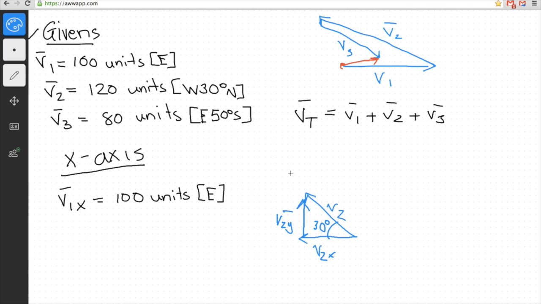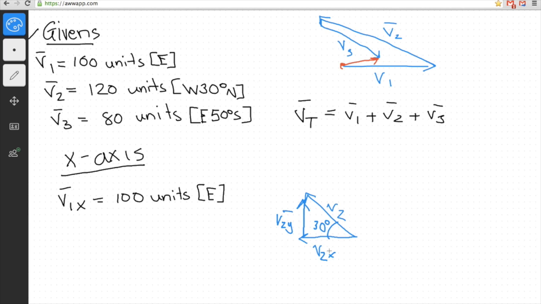It's interesting to note that V2 is made up of the sum of its component vectors. The two components, V2x and V2y, follow the rules of vector addition by aligning tip to tail, and the resultant of that addition is V2.